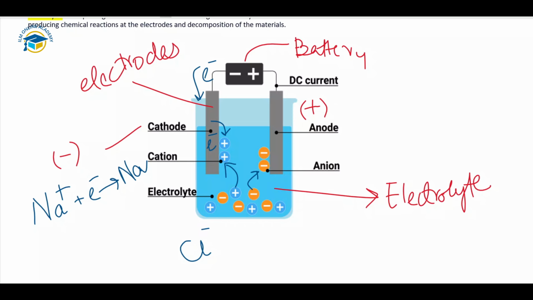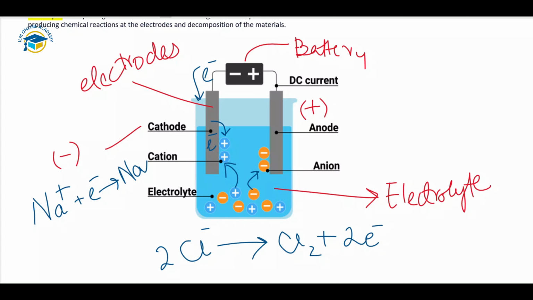So chloride ions, when attracted towards the anode, give up electrons and become neutral. Electrons move from the negative towards the positive terminal of the battery. So this is how electrolysis happens, and the breakdown of the ionic compound results in cations and anions formed in the solution.